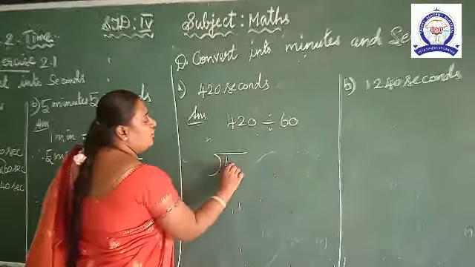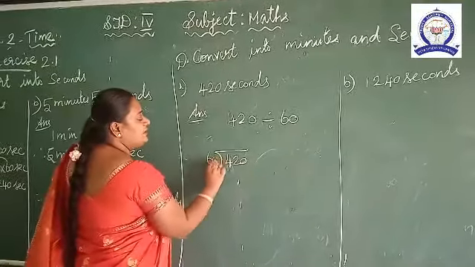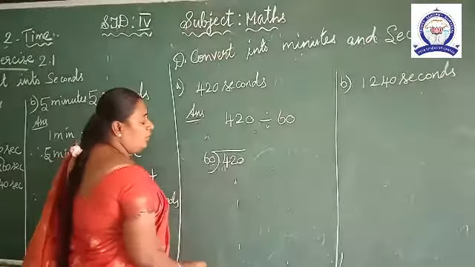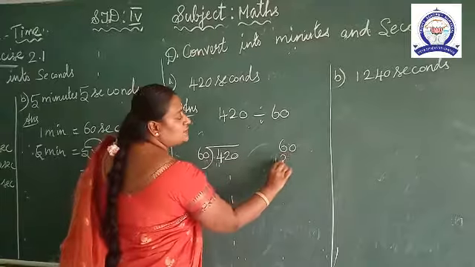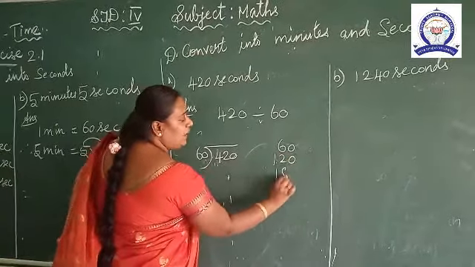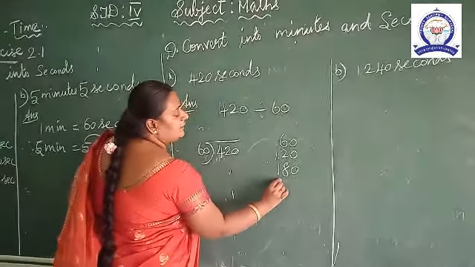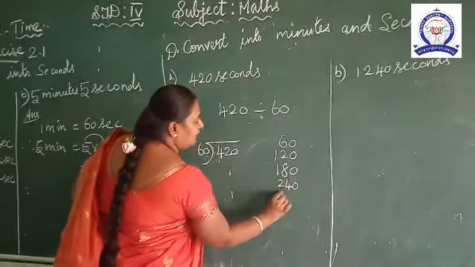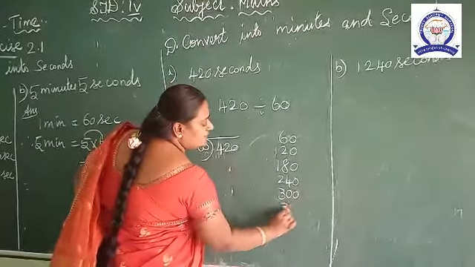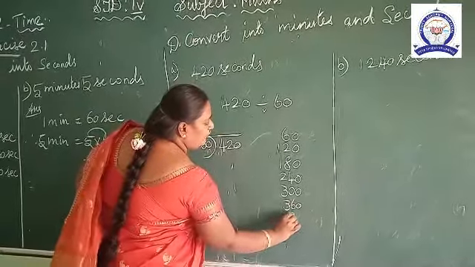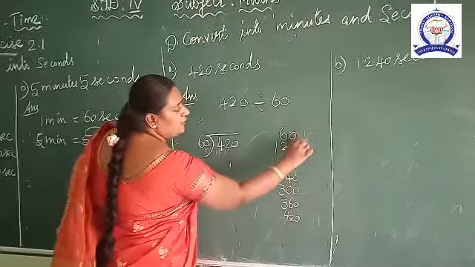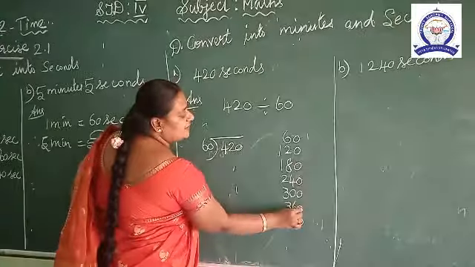So you all know the 60 table: 1 60 is 60, 2 60s are 120, then 180, then 240, 300, 360, then 420. So 1, 2, 3, 4, 5, 6, 7.